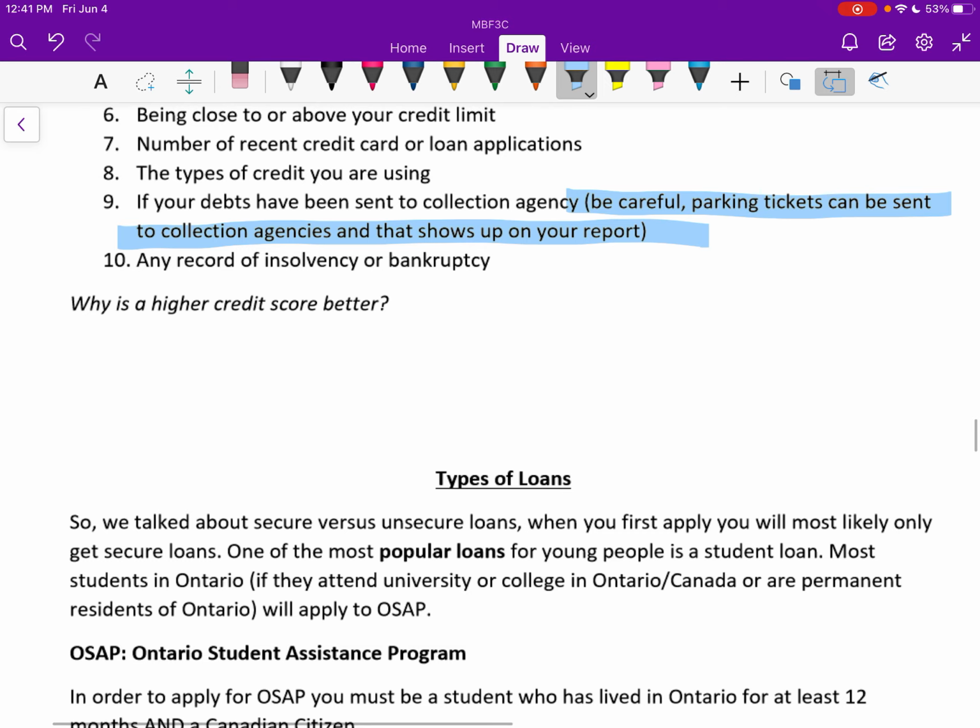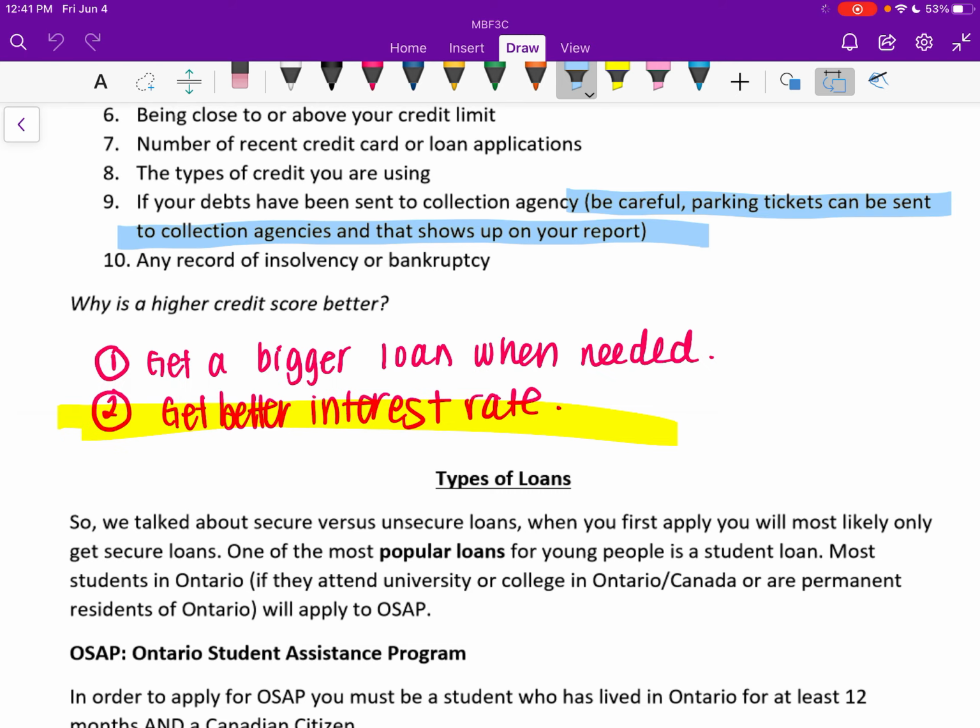So what is the point of having a better credit score? There are two pretty important reasons it matters in your day-to-day life. First, you're going to get a better loan, right? It might not matter now because you think, I don't need a loan, so I'm not going to build my credit.